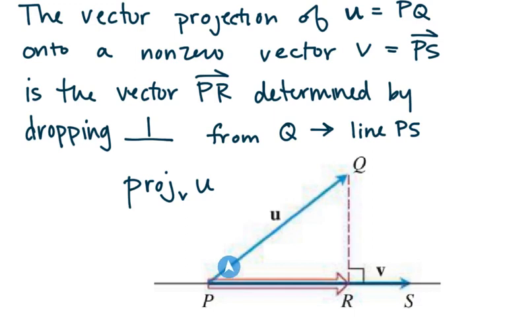We are projecting this force U onto the vector V. If you think about it as, we're pulling a cart, and here's my cart, which already has this vector, and we're applying an additional force. So projecting U onto V, PQ onto PS, the effective force is created by PR.